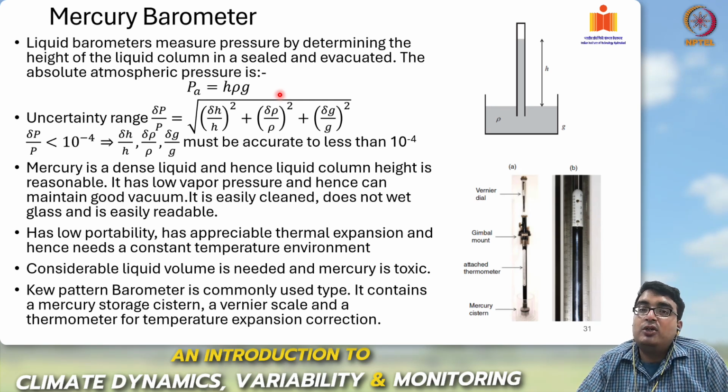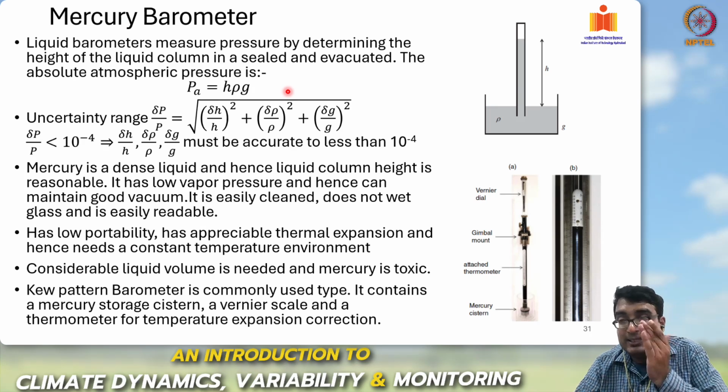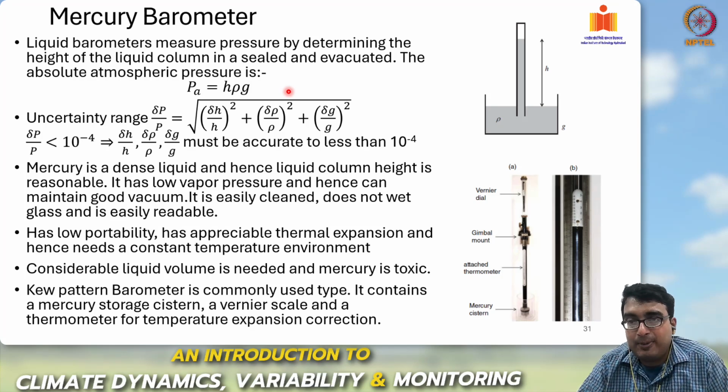Remember, g will change with altitude. So, that change in g will also have to be factored in. Density of mercury will change with temperature, so the local temperature will also have to be measured to evaluate the density of mercury at that specific temperature, and the height also has to be accurately measured.